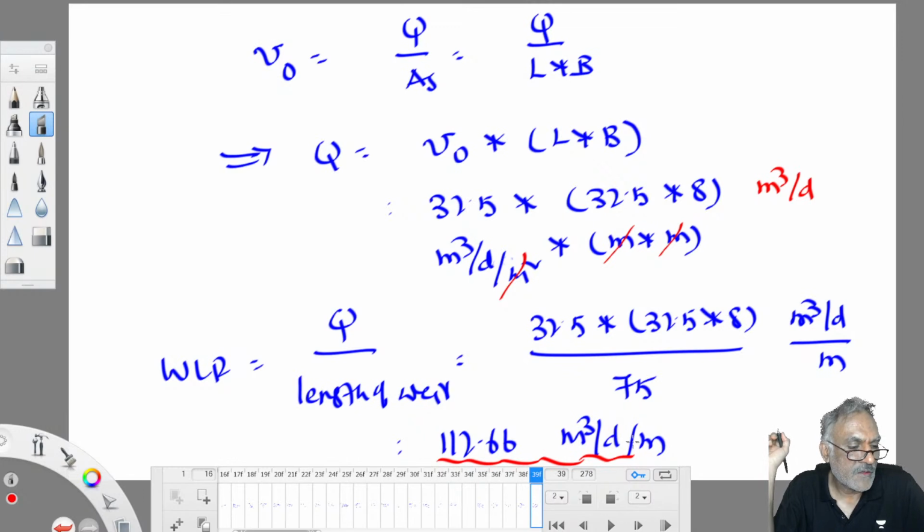I am searching for one more problem type of question. This question has been asked in the GATE exam.